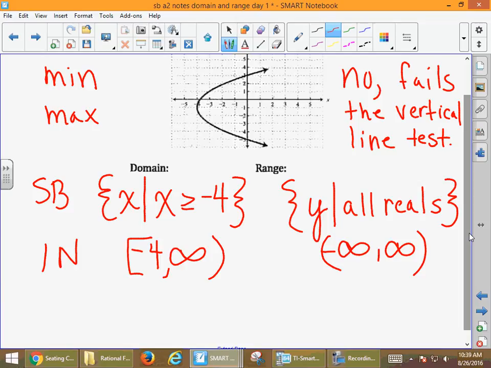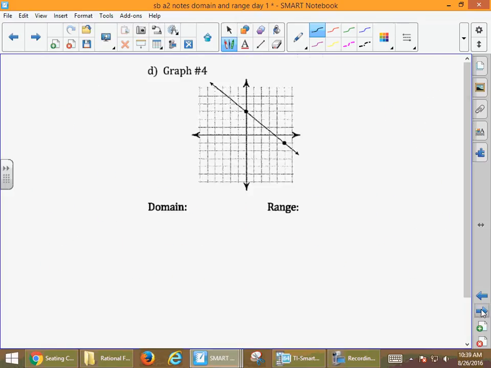It includes all values of y, from the smallest possible number to the biggest possible number that we can think of. So small we can't even put a value to it. So big we can't even put a value to it. And as we finish, we've got our domain and range here.